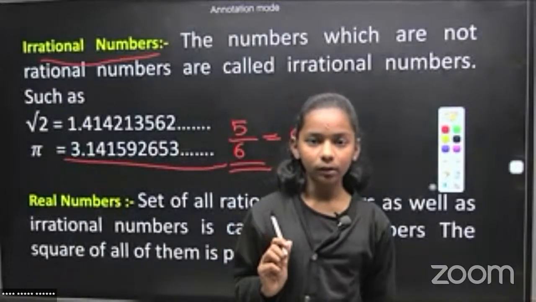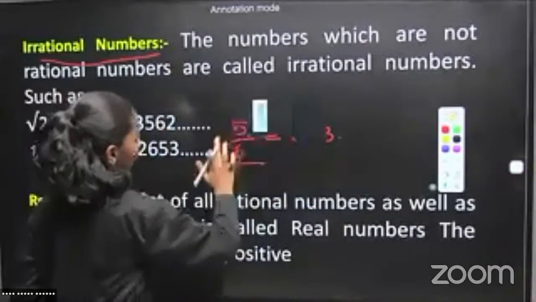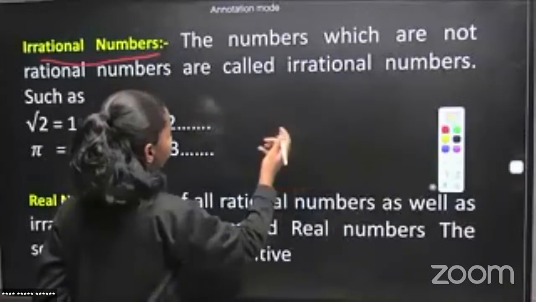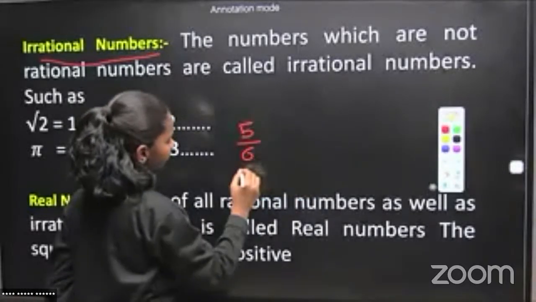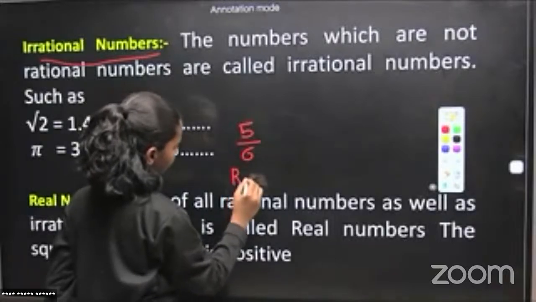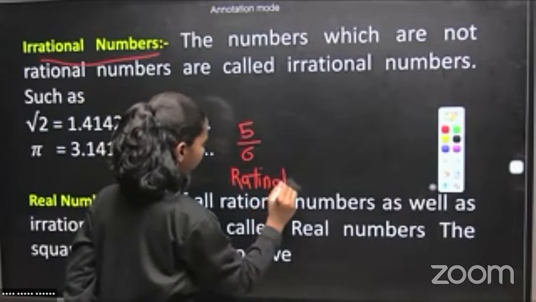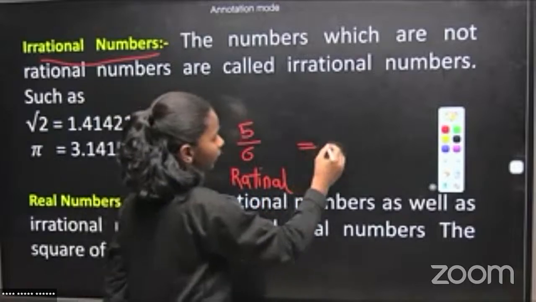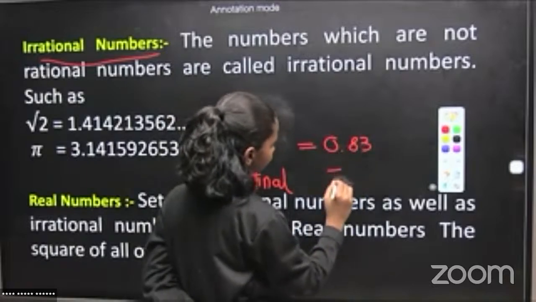The point is clear? Okay. Real numbers. You can write this example. 5 upon 6 is rational, and 0.83... is irrational.